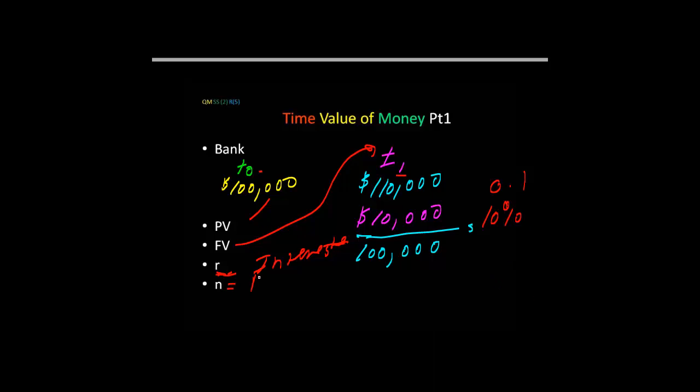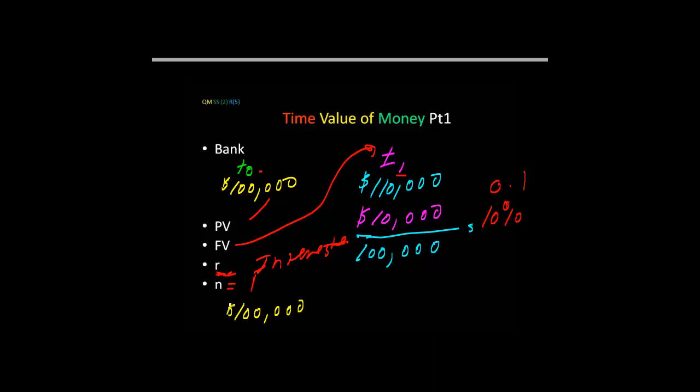Now, if we want to express this relationship with some sort of an equation, rather than doing this whole thing, I can say that we started with 100,000. We're going to put them in different colors.